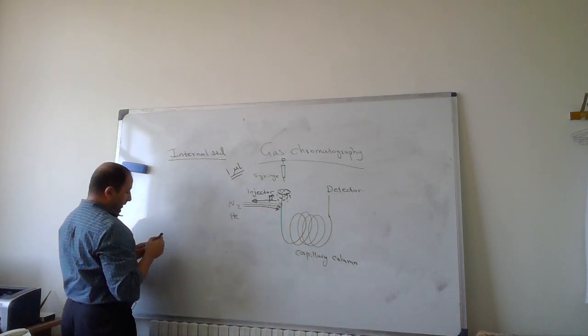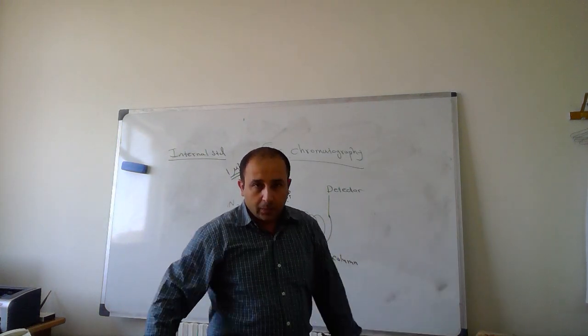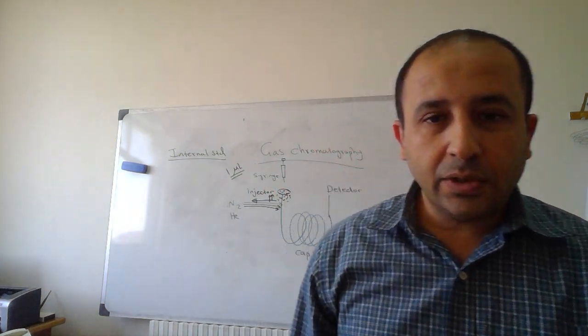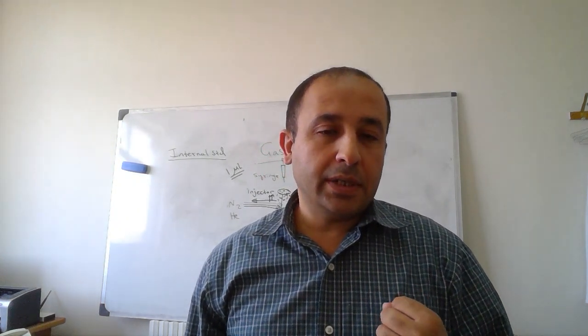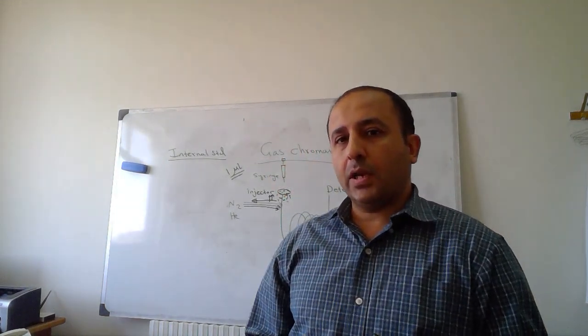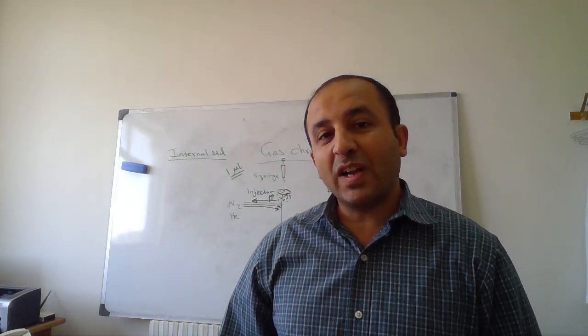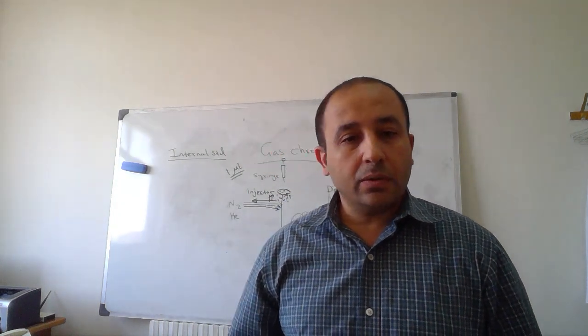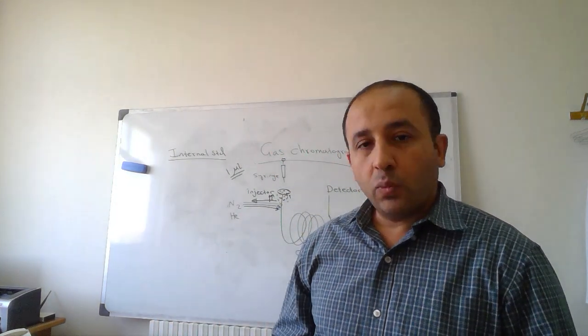What do we mean by internal standard? In order to understand what we mean by internal standard, we will take a case, and from this case we might be able to conclude the real meaning of internal standard. Now, assume that we need to quantify the content of carvone, one of the volatile oils, in one of the plants.